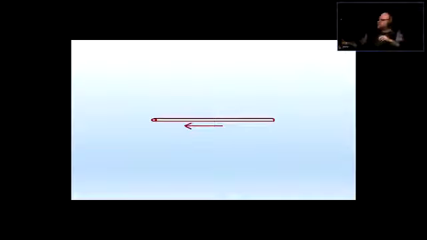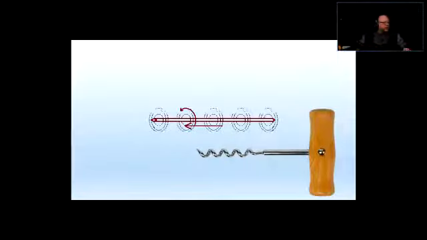Okay? Now, when that happens, an electromagnetic field forms around this conductor, and it basically makes circles around it. The direction of the electromagnetic field is just like if you were using a corkscrew.